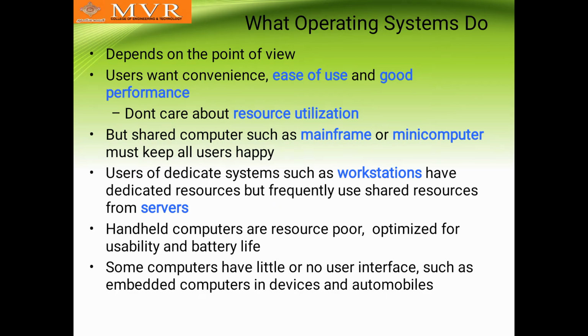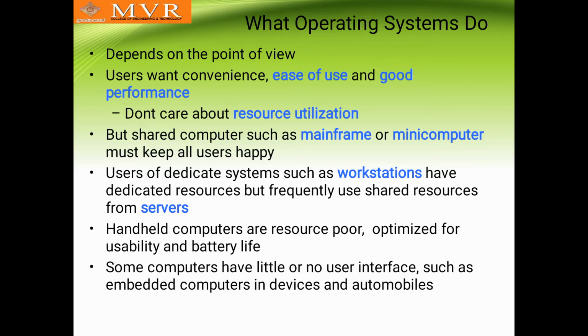What does the operating system do? It provides user convenience, ease of use, and good performance, without caring about resource utilization. Computers such as mainframes or minicomputers must keep all users happy.